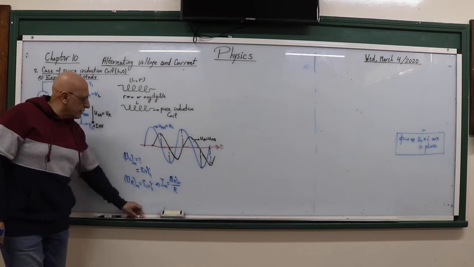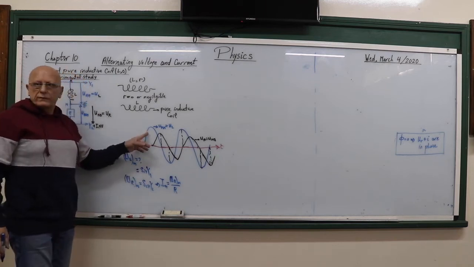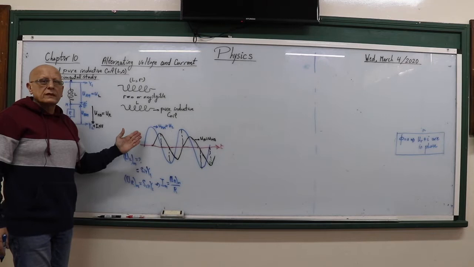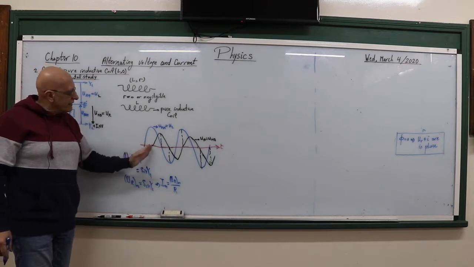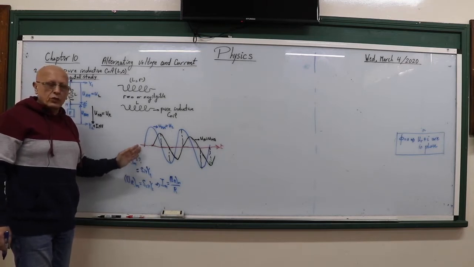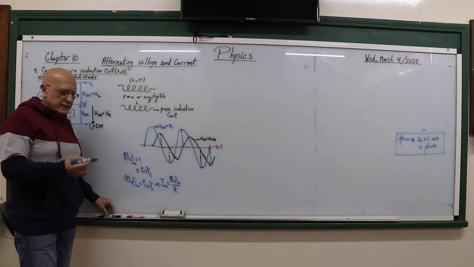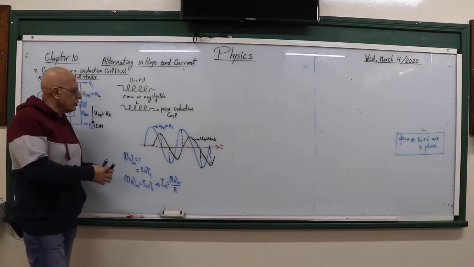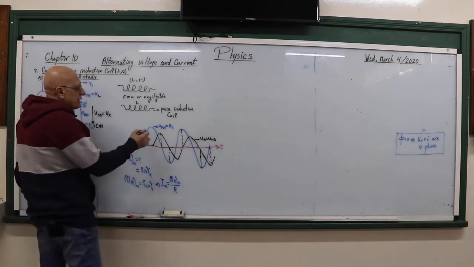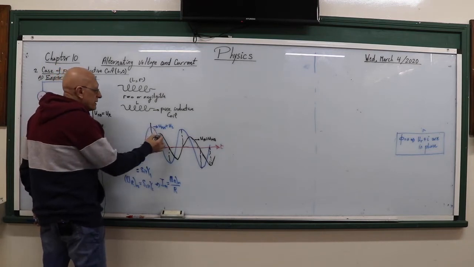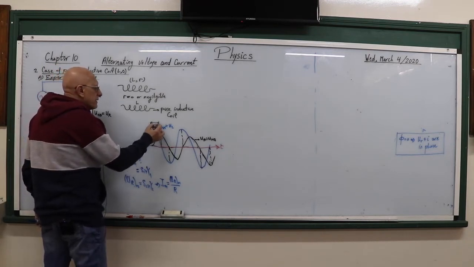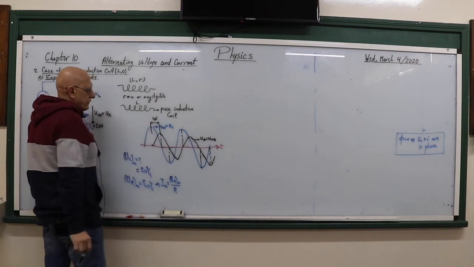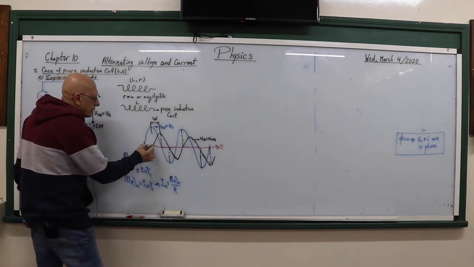Now, if you look at the two voltages, you will see that there is a phase difference between them. We said previously that the phase difference between the two voltages is this distance, this is the absolute value of phi, or this one.